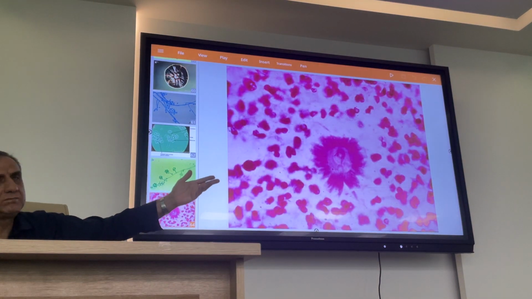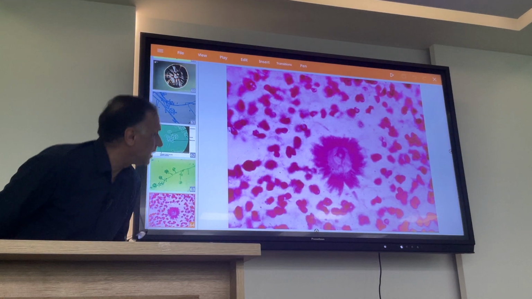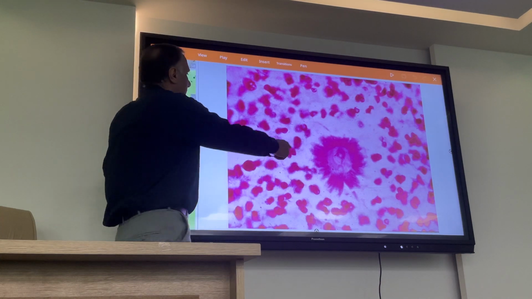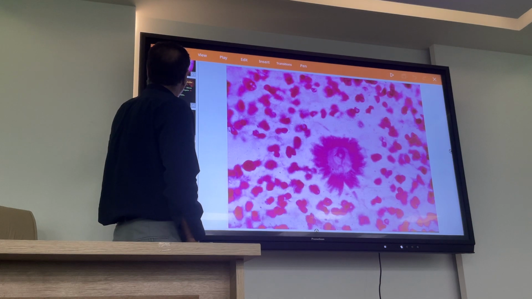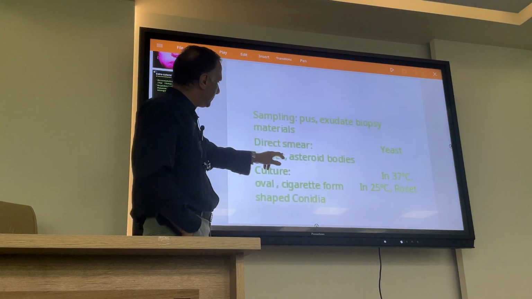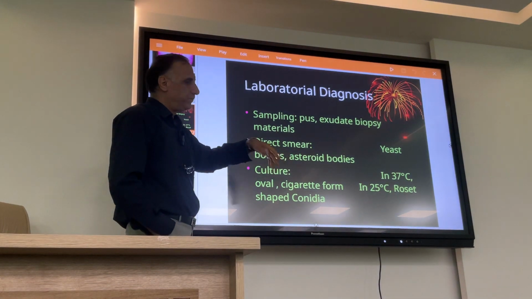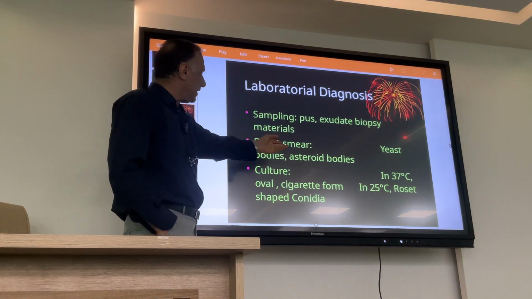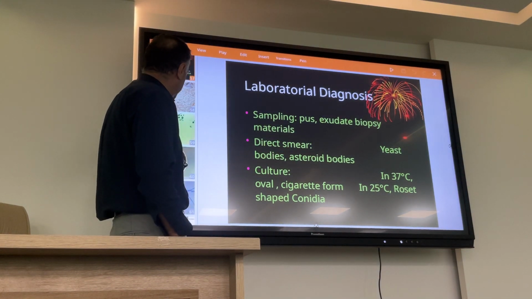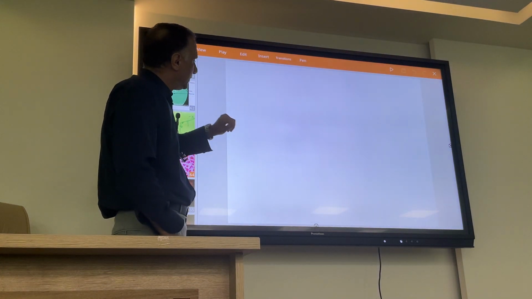Sometimes in tissue material in histopathology, we have a reaction whose name is asteroid body. In the histopathological aspect, you may see the asteroid body in this picture.